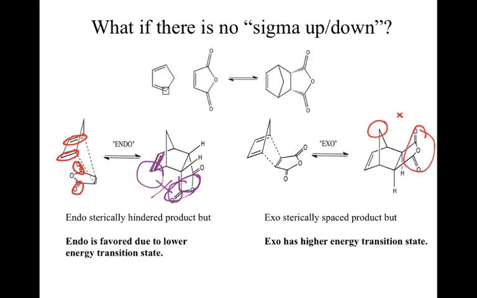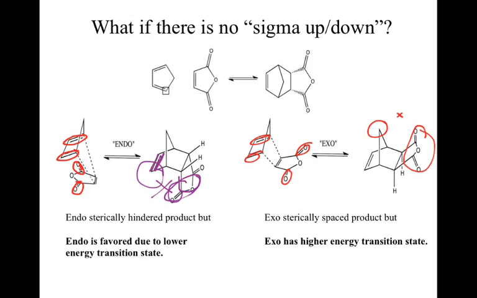This is kind of a debatable thing, but this p orbital stacking, or pi orbital stacking, is a known feature. It's one of the reasons why DNA is incredibly stable as well. This stacking lowers the energy of the transition state for the endo product. When we look to the exo, you'll notice that our p orbitals are nowhere near each other, so they don't get this favorable lowering of the transition state.